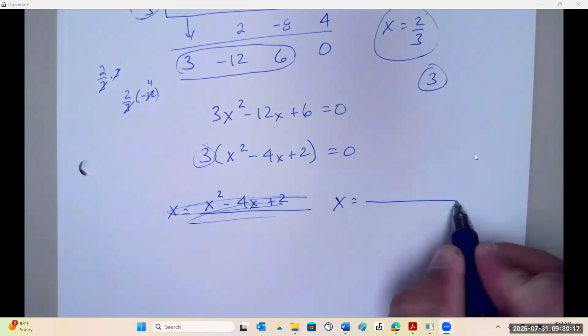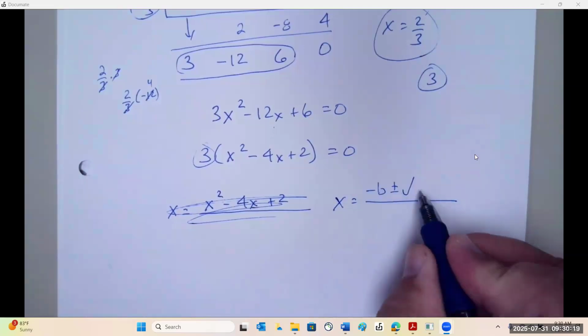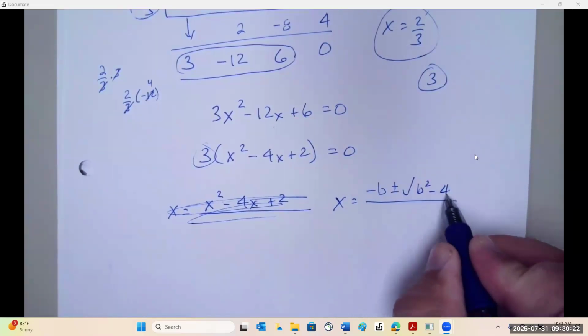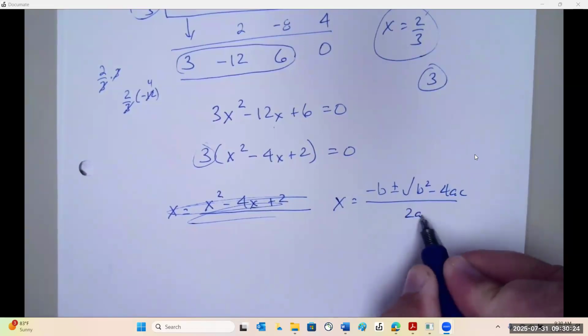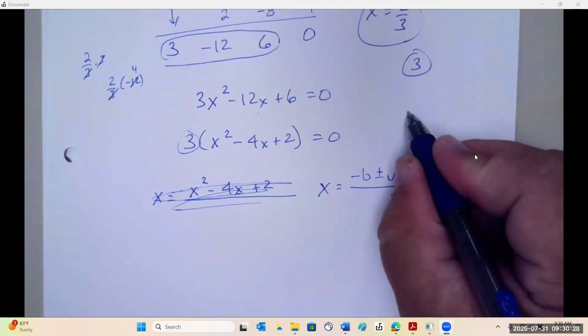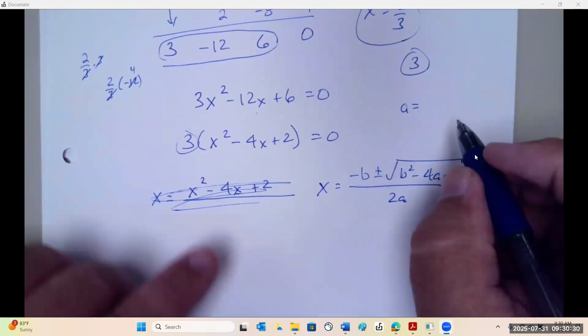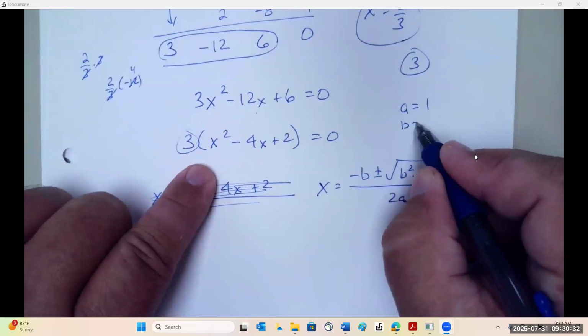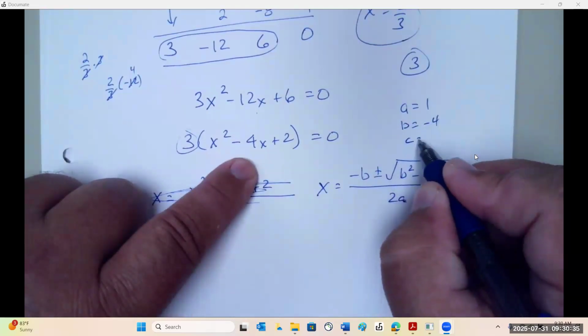X equals negative b plus or minus the square root of b squared minus 4ac over 2a, where a equals 1, b equals negative 4, and c equals 2.